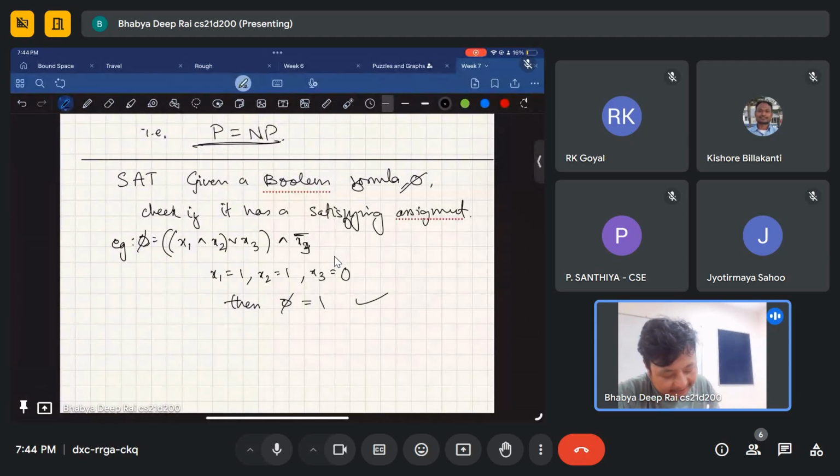Another example given in lectures is the maximum independent set.